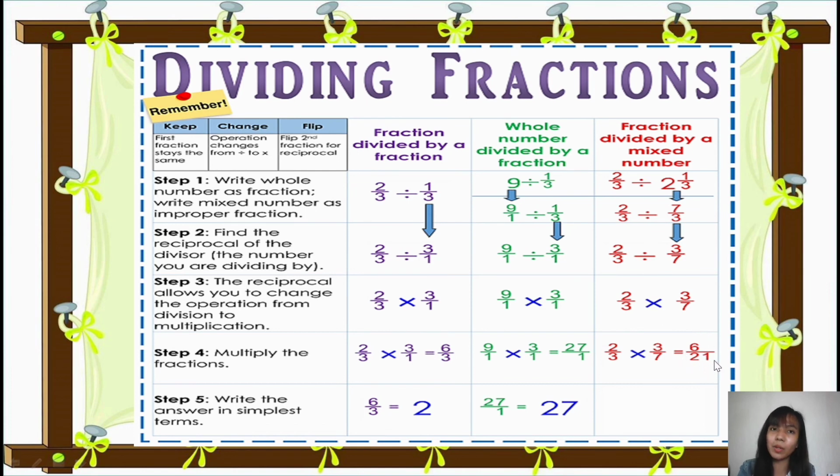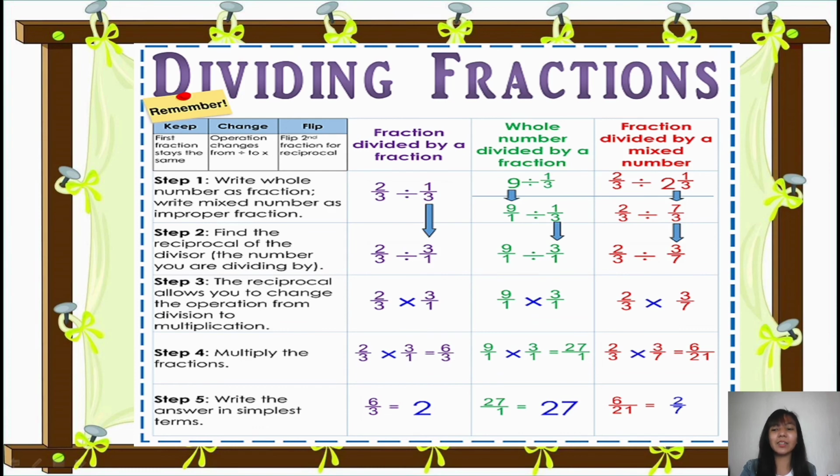There is a number that divides both 6 and 21. 6 and 21 are divisible by 3. 6 divided by 3 equals 2. 21 divided by 3 equals 7. So our final answer, which is in the color blue, is 2 over 7.